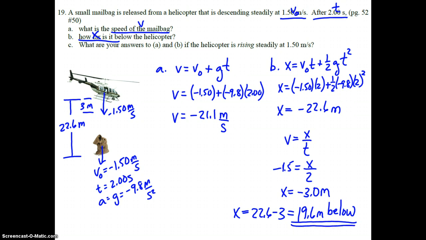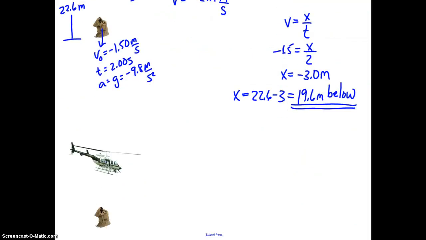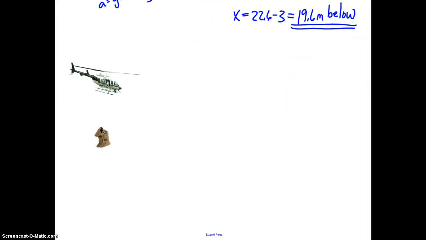In C, they want us to repeat these calculations for the case in which the helicopter is ascending, rising at 1.5. So let's go ahead and start over here with a fresh diagram. This time, our bag, upon release, is ascending. So it's a positive 1.50 meters per second.